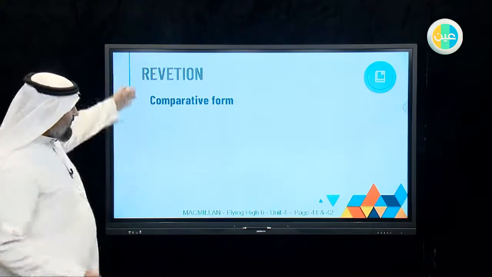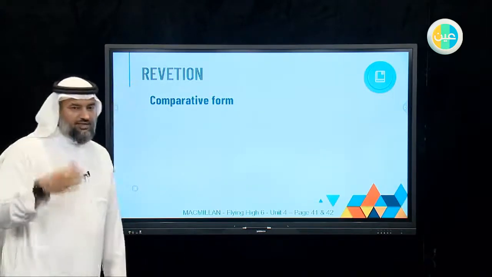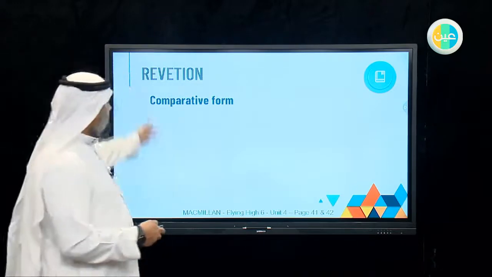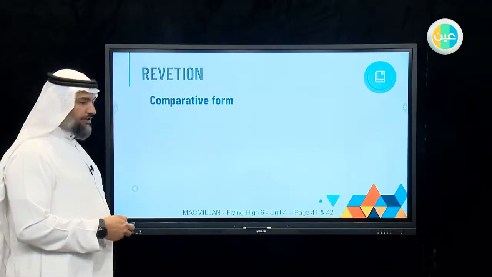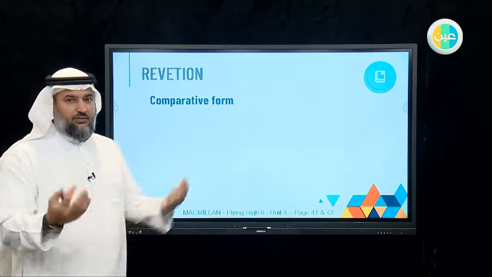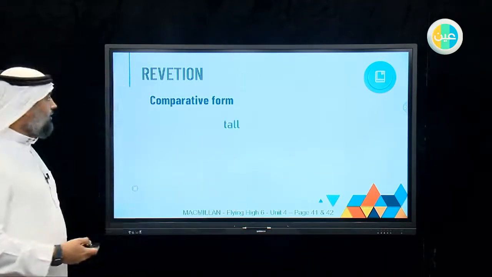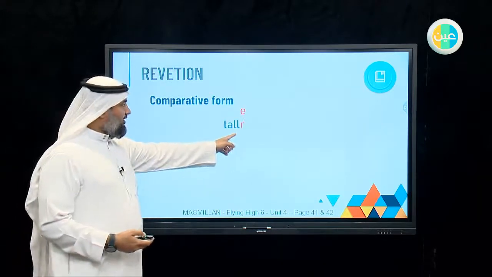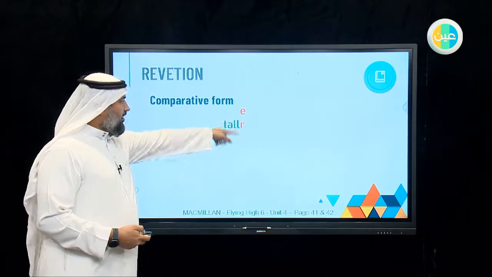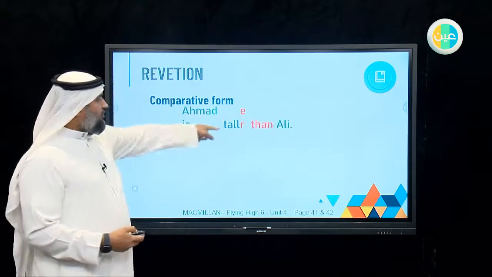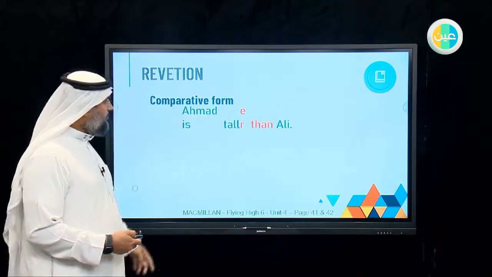The first one is, before we start we have to review the lesson that we took before. Comparative form. You remember what's the meaning of comparative? If I want to compare between 1 and 1, that's comparative. If I say tall and I want to compare, I add ER to it. You say Ahmed is taller than Ali. And this one is big.